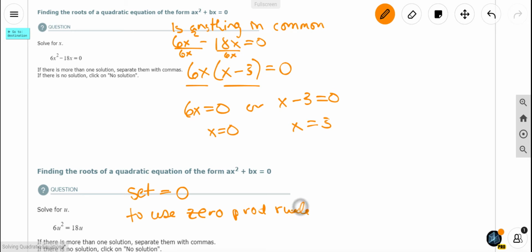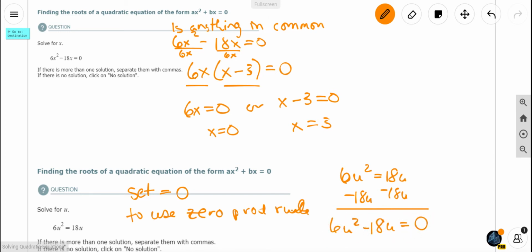So 6u squared equals 18u. Subtract 18u from both sides so you can set it equal to 0, and then it will be the same exact problem as that one.